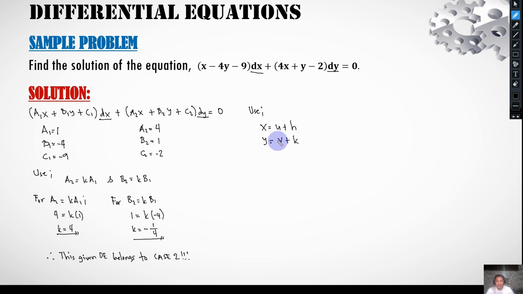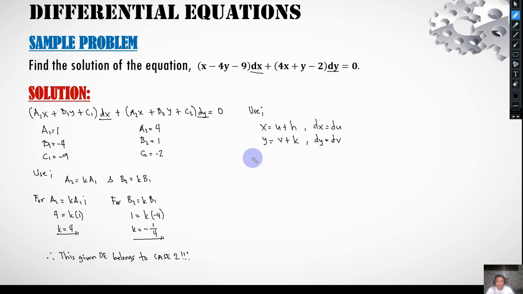Okay, so by this, no, if you take the derivative of your x, we have also this dx is equal now to du, kasi constant yung h natin. So dito naman ang dy natin is just equal now to dv, no?